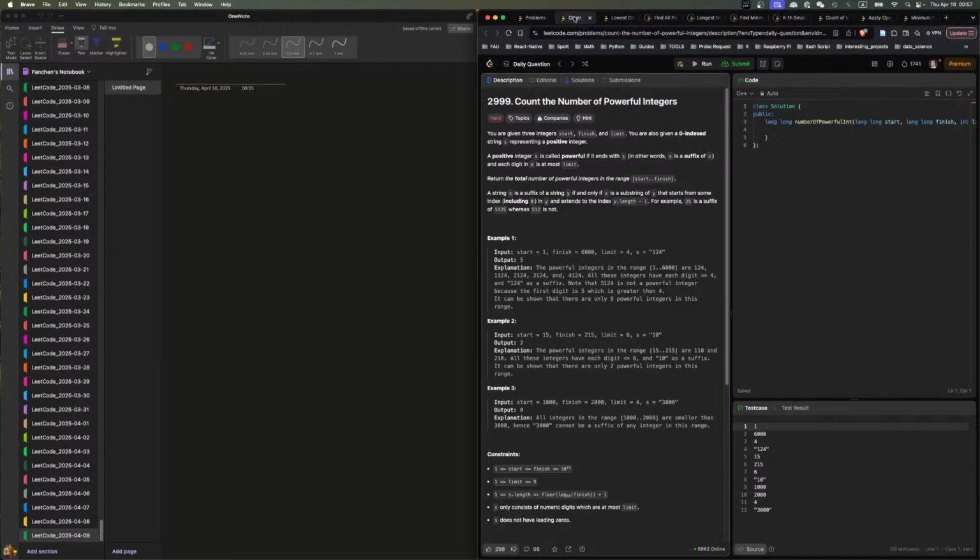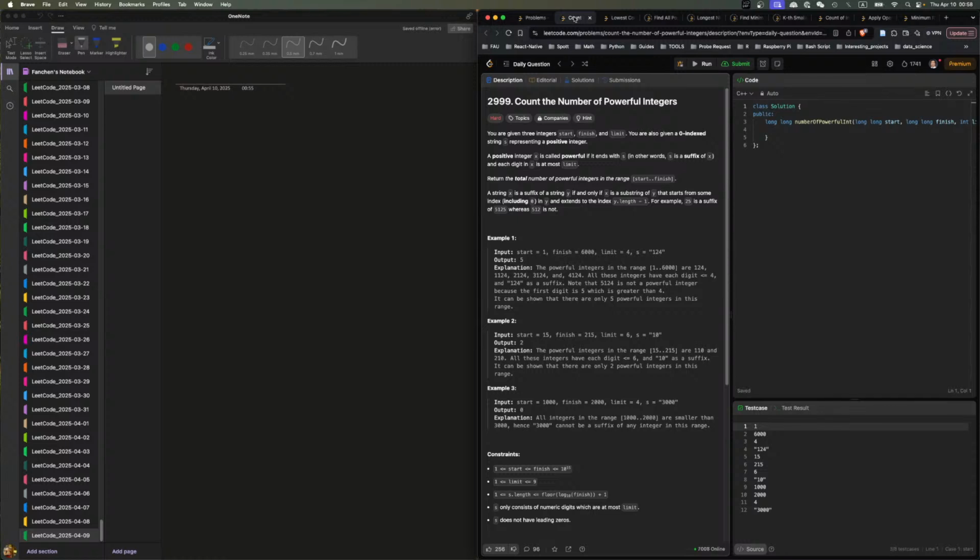Okay, read again. 3 integers, start, finish, and a limit. You're also given a 0-indexed string s representing a positive integer. A positive integer x is called powerful if it ends with s, so s is its suffix, and each digit in x is at most limit.